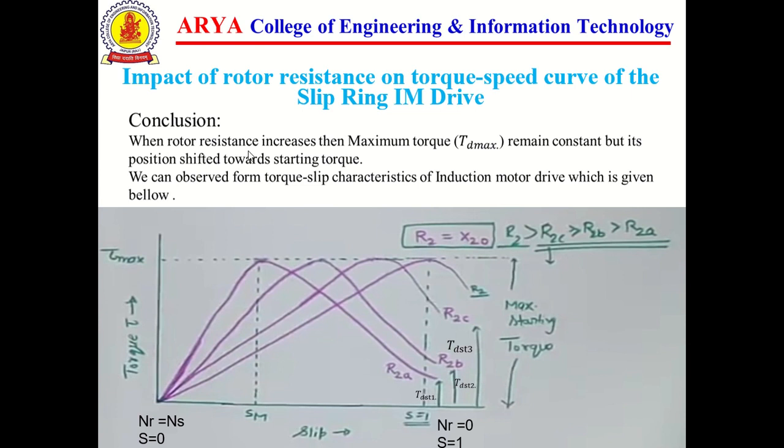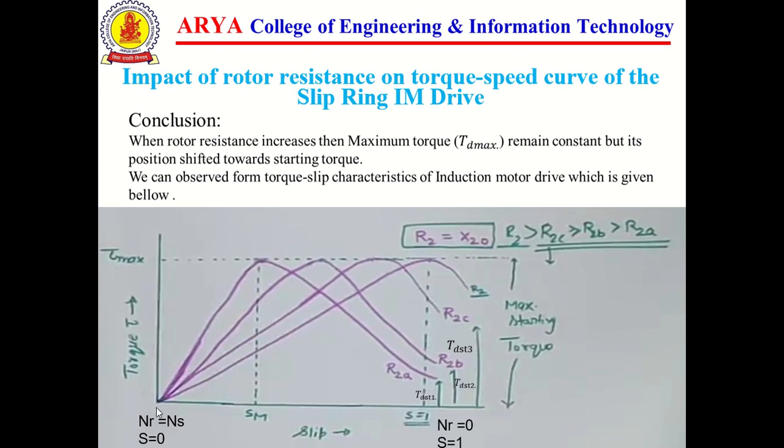So the conclusion: when rotor resistance increases, the maximum torque remains constant, but its position shifts toward the starting torque. You can observe this from the torque slip characteristics of the induction motor drive given below.